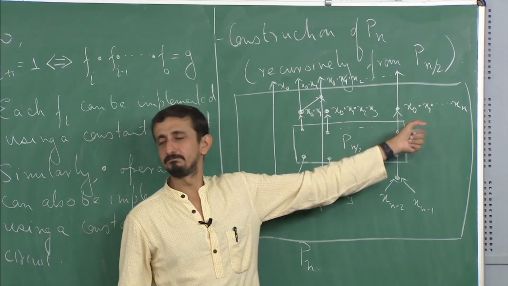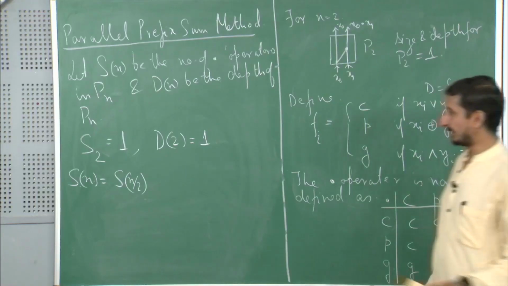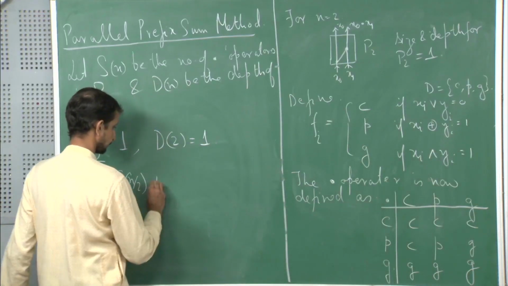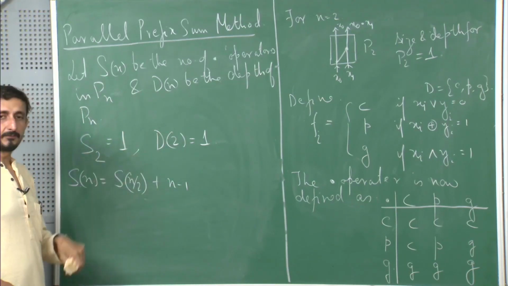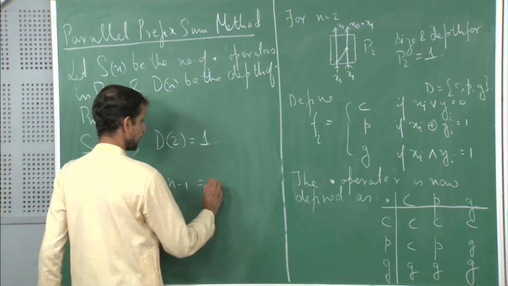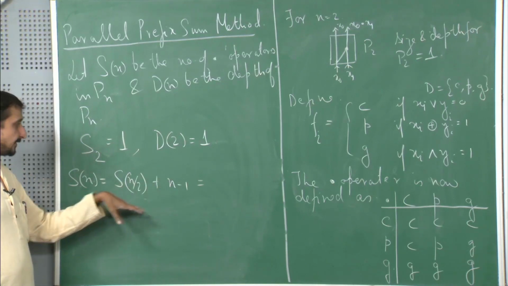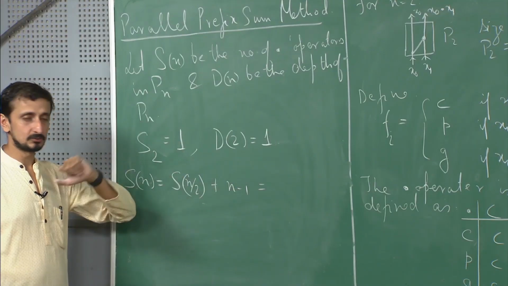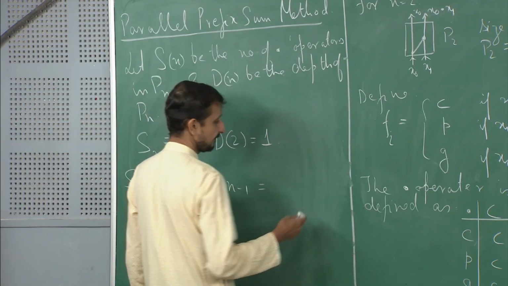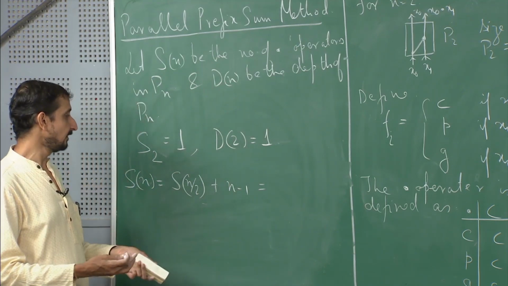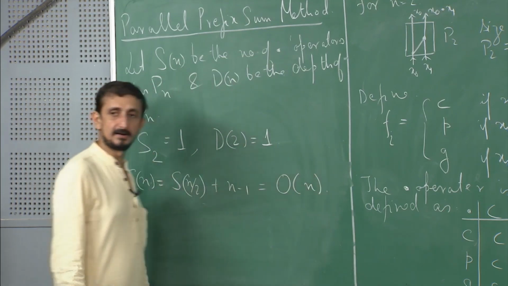Except for this I have another operator for every two of them. So, it will roughly be around n minus 1, or even n is okay, it does not matter. Now, if you solve this, what do you get? This is like n minus 1 plus n by 2 minus 1 plus n by 4 minus 1 and so on. This is actually bounded by 2n, but it does not matter, order n is good enough for us.